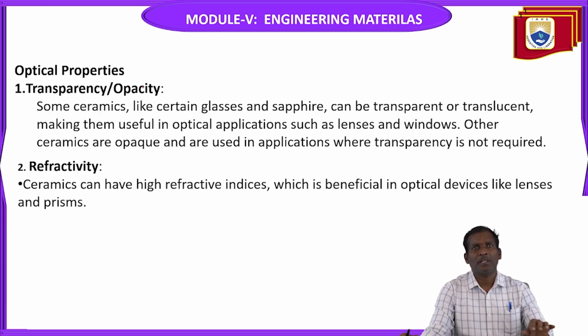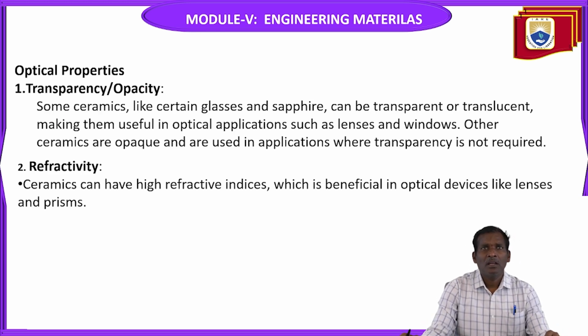Next, optical properties. Transparency or opacity. So it means some ceramics, like certain glasses and sapphire, can be transparent or translucent, making them useful in optical applications such as lenses and windows.